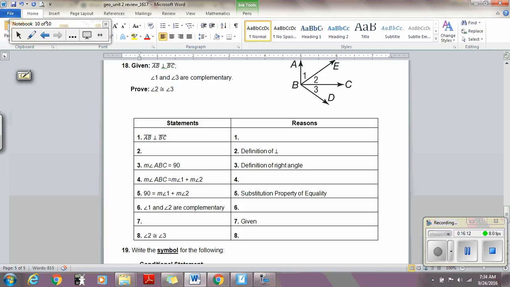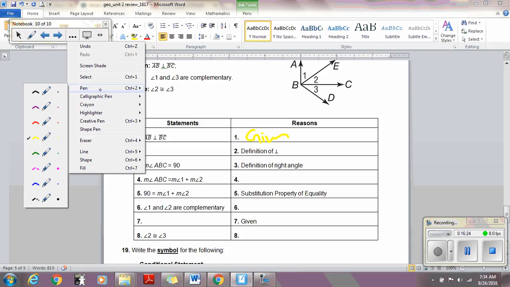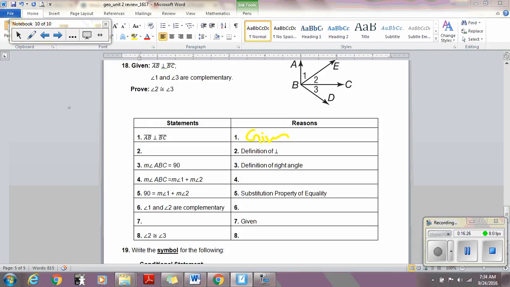So the first reason, no matter what, is given. The second one wants us to use the definition of perpendicular. If you look at your property sheet, the definition of perpendicular says that two lines that intersect form a 90-degree angle.